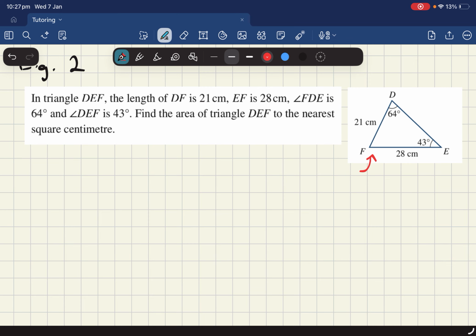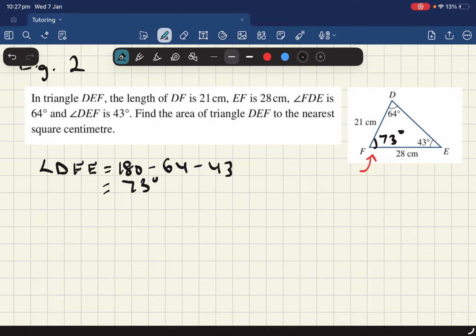Okay, now we know that all triangles add up to 180 degrees. We can say that angle DFE equals 180 minus 64 minus 43. We want to find the angle size first because in order for our formula to work, we need the included angle. So this gives us 73 degrees, and this is now what we are using in our formula.